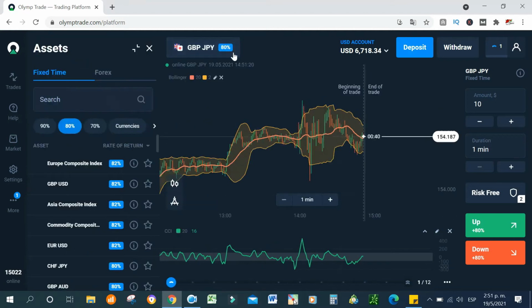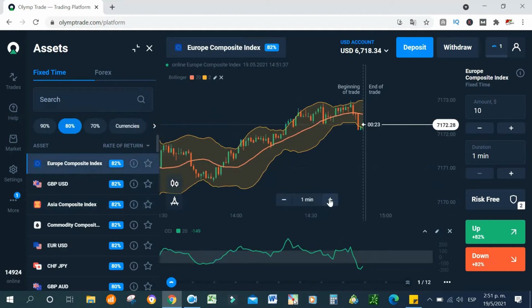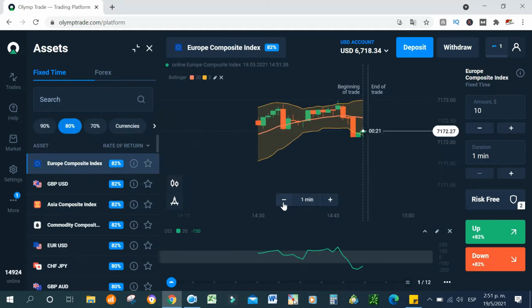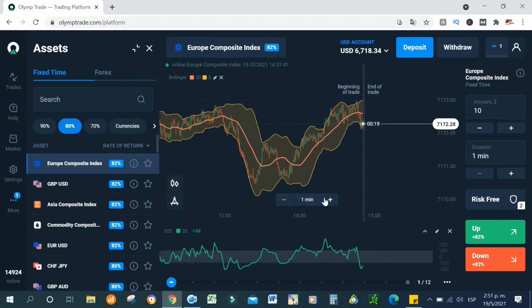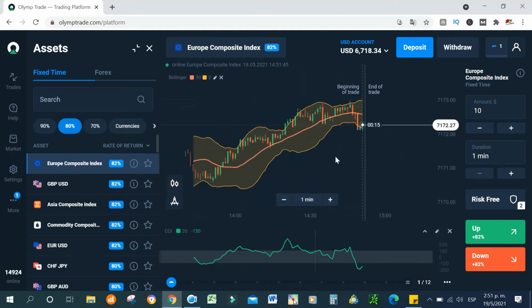Okay, 80% or more of profit. Simple as that. For example, we have a composite index here which is offering 82%, and we can trade that index. Okay, let me see. It was giving me an opportunity just right here.